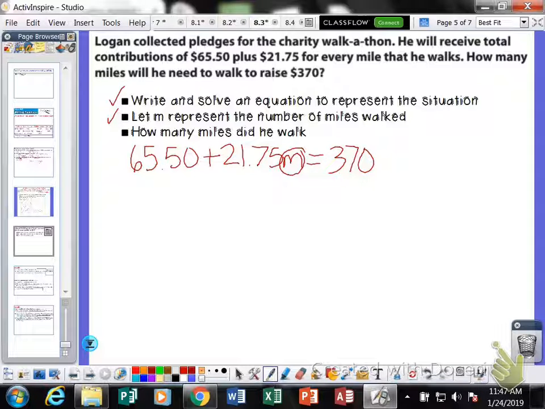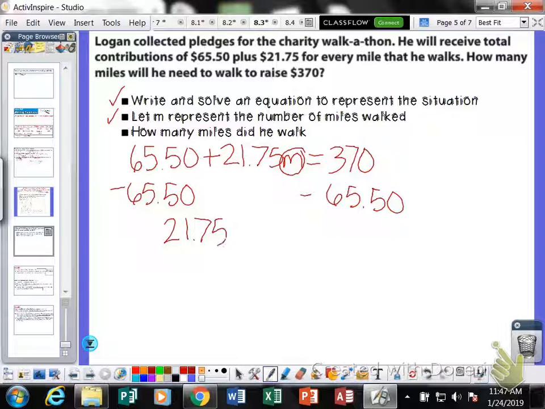So we'll start by subtracting $65.50 from each side. And that's going to leave us with 21.75 M. And that is equal to 304.50.